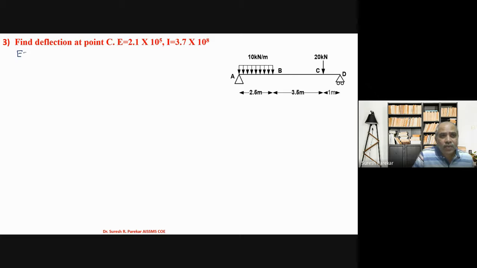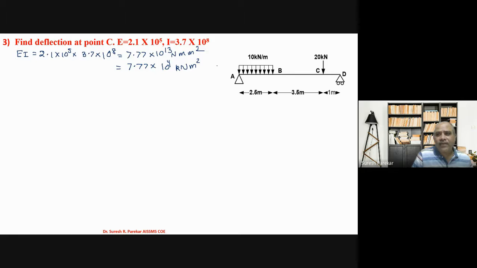EI is equal to 2.1 into 10 raised to 5 into 3.7 into 10 raised to 8, and we have this value 7.77 into 10 raised to 13 Newton mm square, and that is equal to 7.77 into 10 raised to 4 kilonewton meter square.